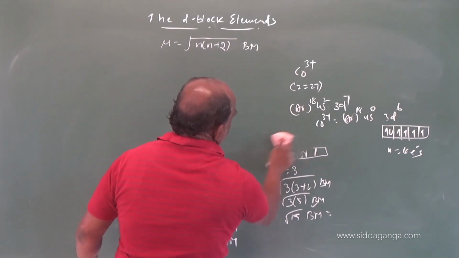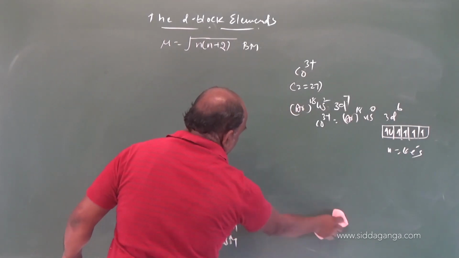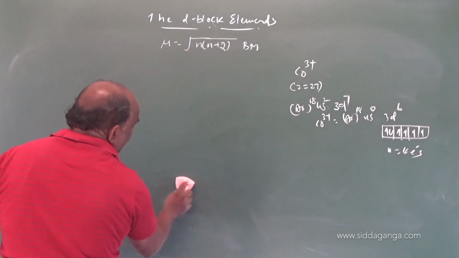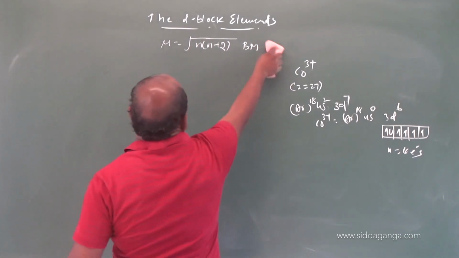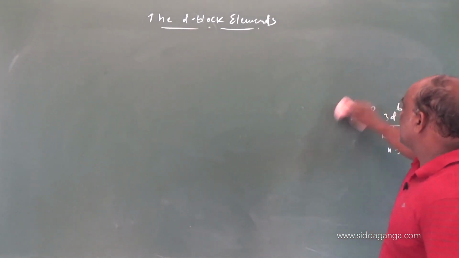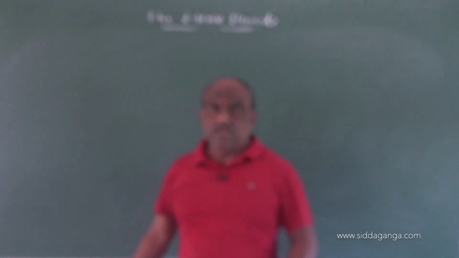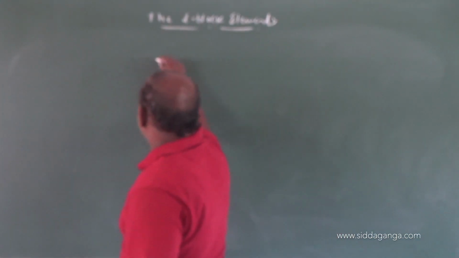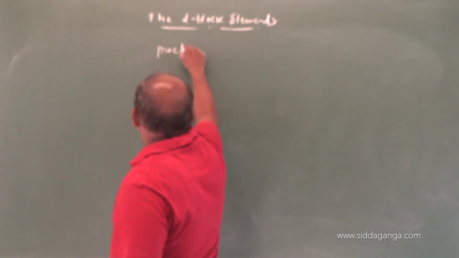This is a very important concept in d block elements, so don't neglect it. The magnetic moment formula is root over n into n plus 2 Bohr magnetons, and 1 Bohr magneton is equal to 9.27 into 10 power minus 24, given by eh by 4 pi mc. This is for your practice.